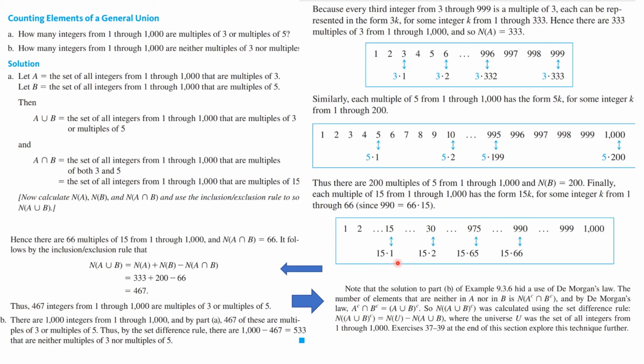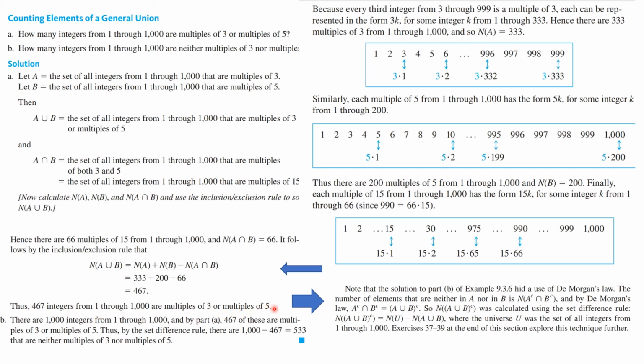So this is going to be 1, 2, 3, all the way up to 66. So I add this number and subtract 66. When I do that, I get 467. That tells me how many integers from 1 through 1,000 are multiples of 3 or multiples of 5.